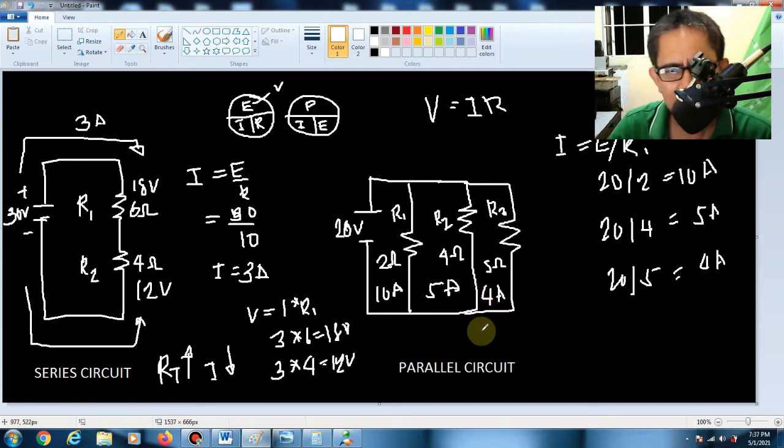So overall, kung isosolve natin yan, no? 10 plus 4 plus 5 plus 4, we have the 19 amperes leaves the battery. Okay, so conclusion natin, no? In this current, ang tanong, kapag ang 19 amperes reach this way, how much the current flows in this direction?